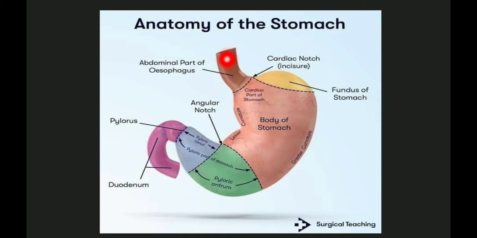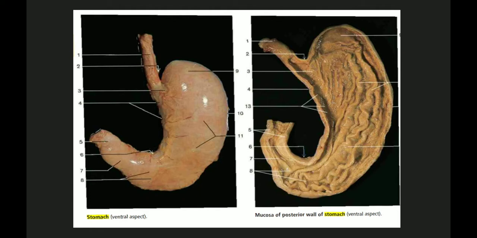This is the cardiac orifice, abdominal part of esophagus, cardiac part of stomach. This is the lesser curvature. It has two curvatures: the lesser and the greater curvature. The lesser curvature is concave. The greater curvature is convex and forms the left border. It is the ventral aspect.